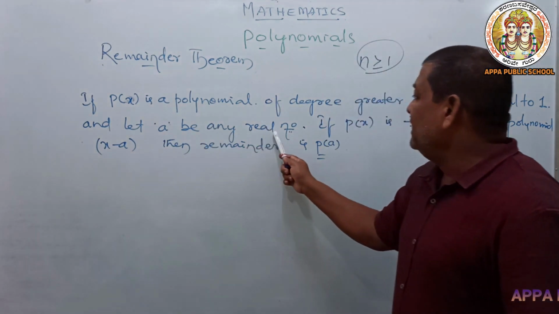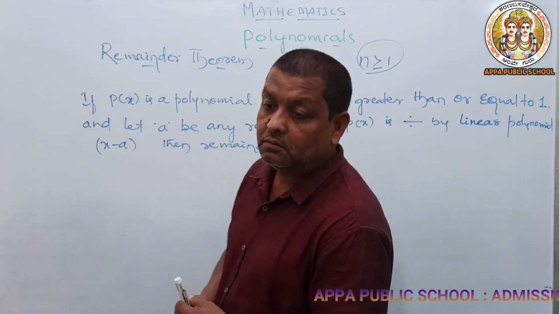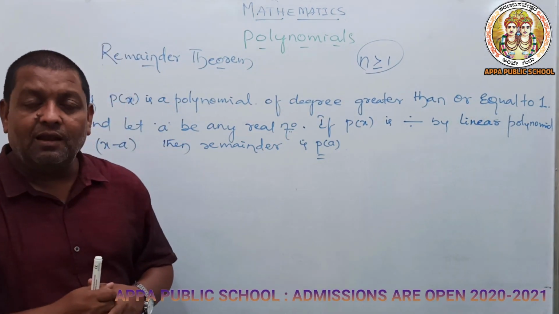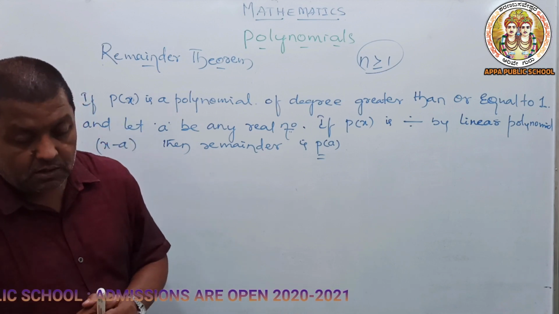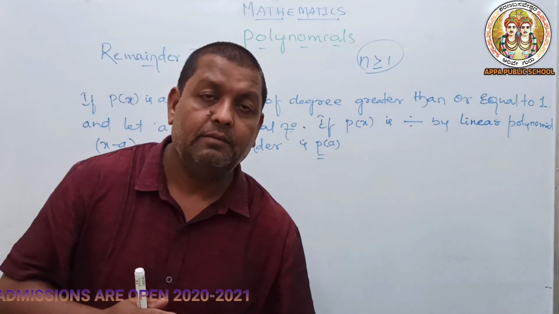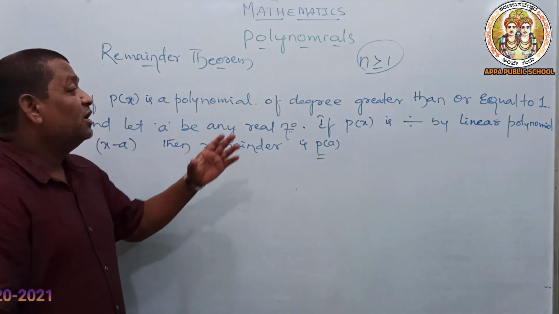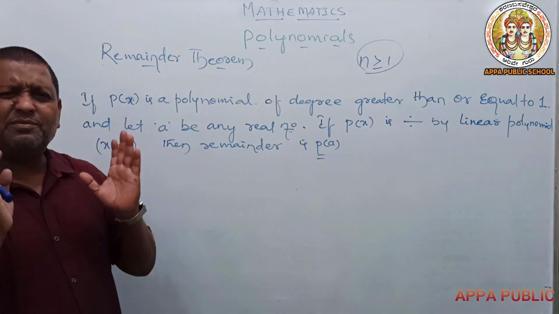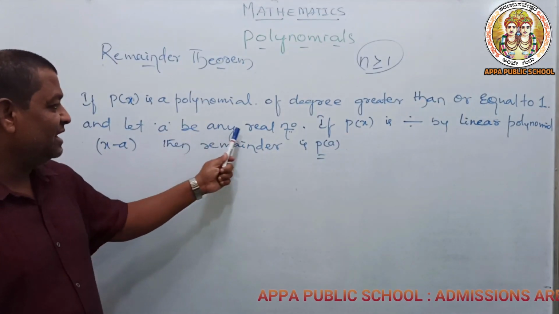And a is any real number. If you take any number, the highest set we tell is the real numbers. Real numbers are the group of all types of numbers you see in books and in your life. Real numbers are the biggest set containing all types of numbers. Okay, a is any real number.